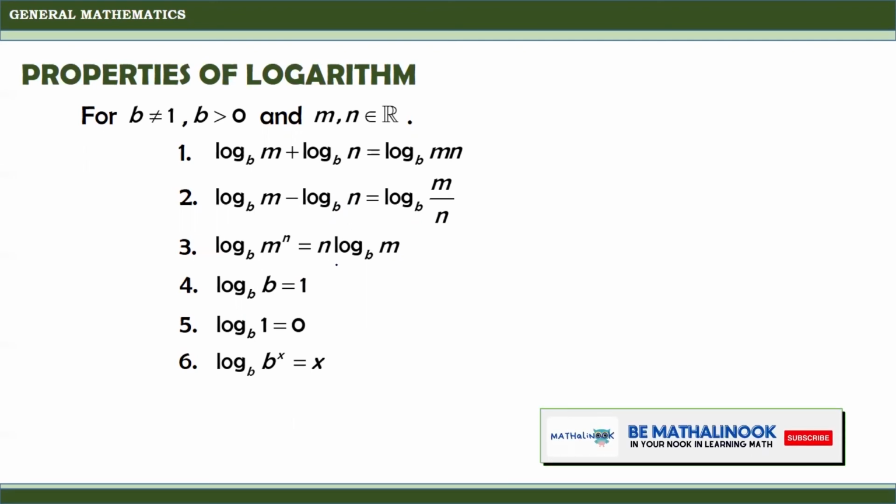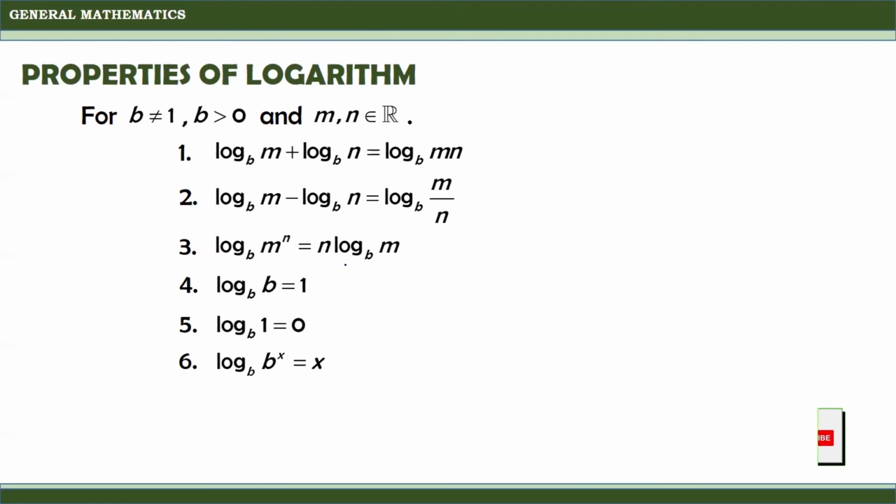For the third property, we have logarithm of m raised to n to the base b is equal to n logarithm of m to the base b. For this property, it implies that if the power has an exponent, then it becomes the multiplier of the respective logarithmic expression.